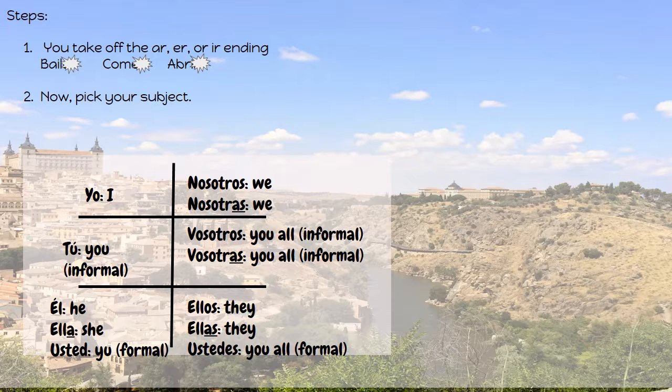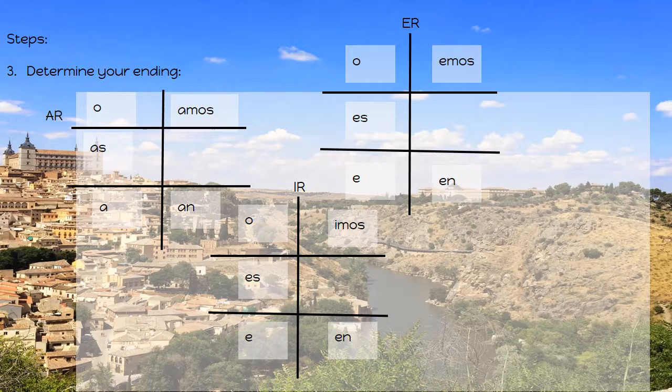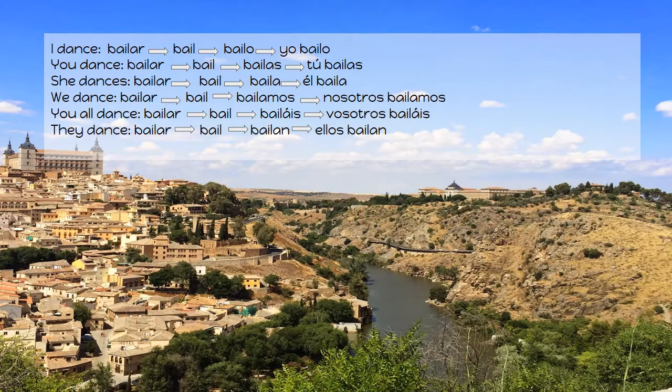So in the same format, the first box being yo, the second box being tú, etc. Back to our handy dandy chart, and we have -as here for the tú form. So we smash that -as together with bail, and we have bailas. So "you dance" is tú bailas or just bailas, and so on.